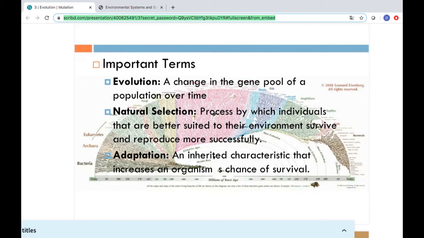Natural selection was a theory established by Charles Darwin, and he made many investigations about that. Okay? Adaptation, an inherited characteristic that increases an organism's chance of survival. So something that changed, a physical characteristic that changed in the organism that led this organism to survive and be stronger.